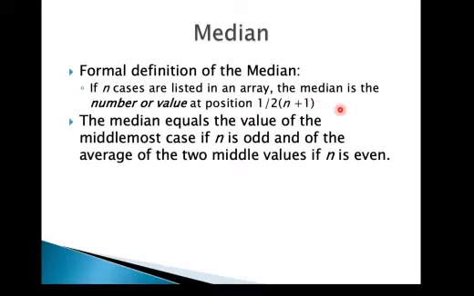That is the position at (n plus 1) divided by 2. And the median equals the value of the middlemost case if n is odd, and the average of the two middle values if n is even.